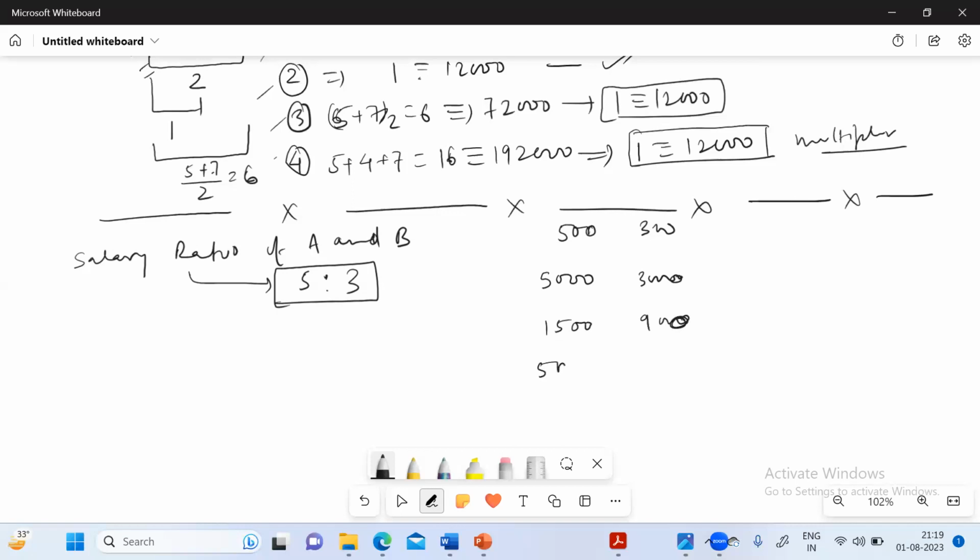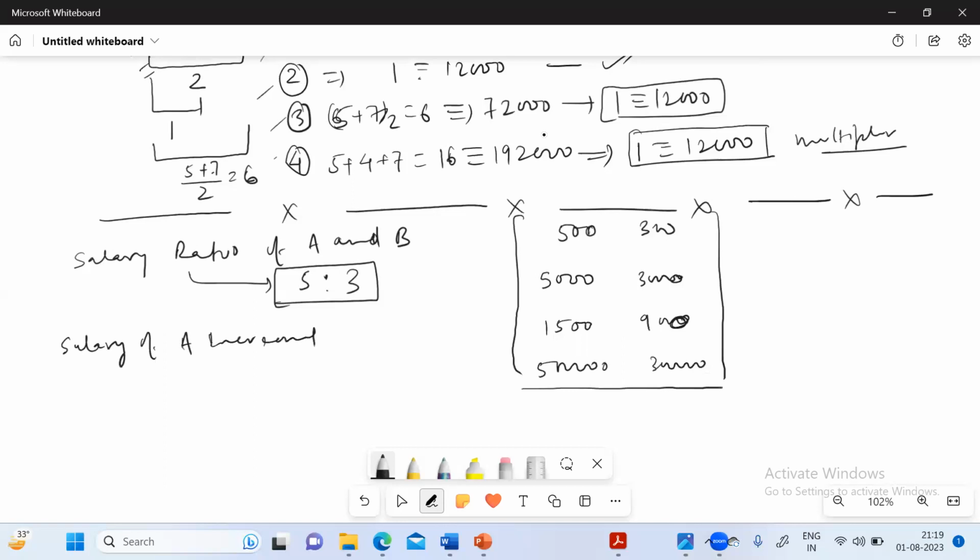It can also be 5 lakhs and 3 lakhs. Who knows what is the multiplier? Now, if the hint for the multiplier is not given, another statement is there: the salary of A increased by 500 rupees.